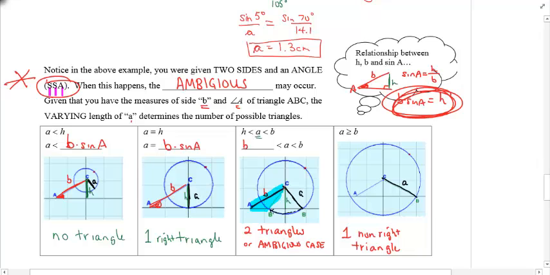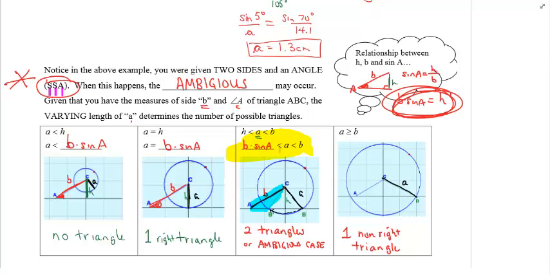And here, if B times sine A is less than little a, which is also less than little b, then this is the ambiguous case. So this is the one that a lot of people will have problems with, but I want you to understand and know. B times sine A, A and B. If you calculate all those things and you get this situation, you've got the ambiguous case.